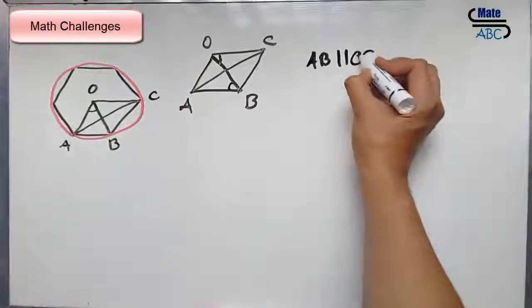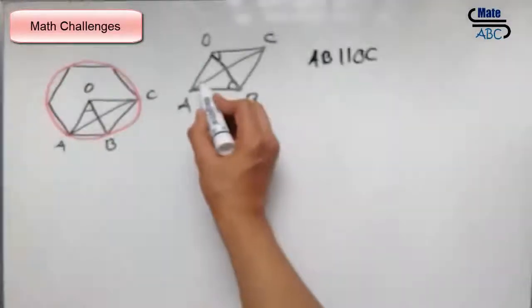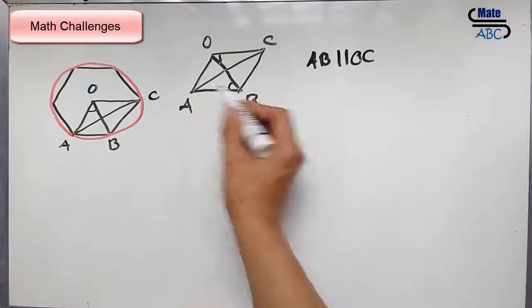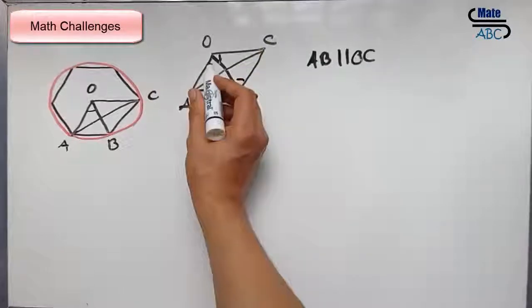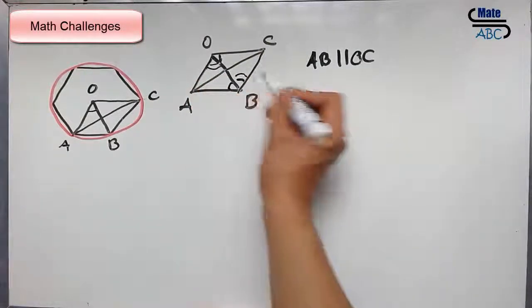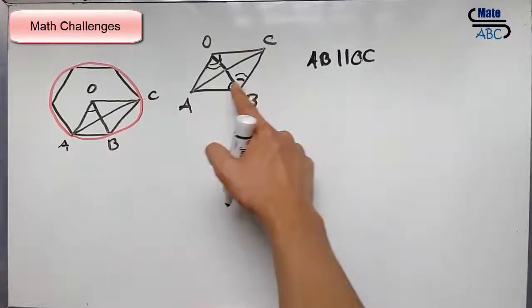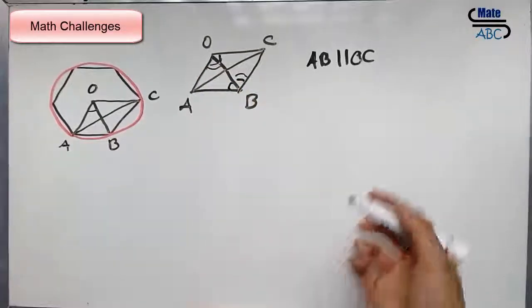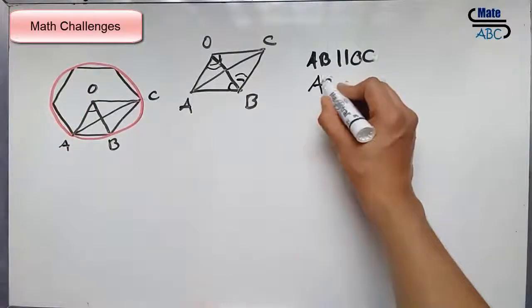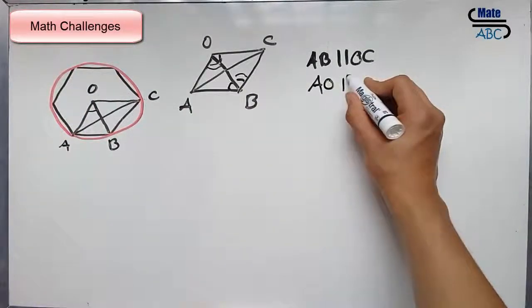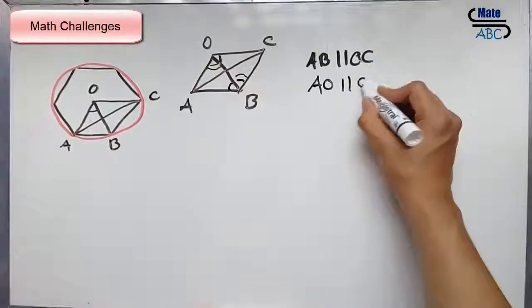And also we have this angle equals to this angle because these are 60 degrees. So the side AO is parallel to BC.